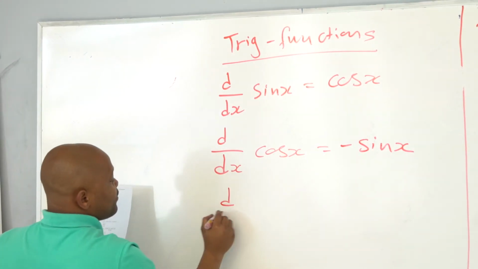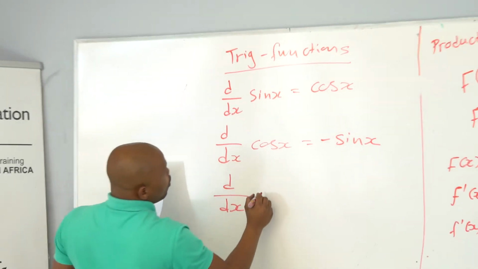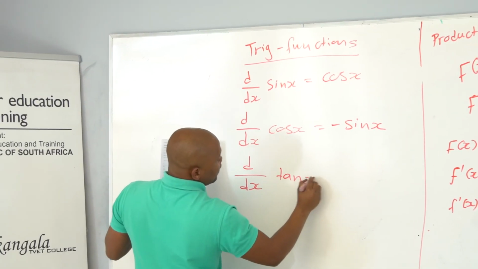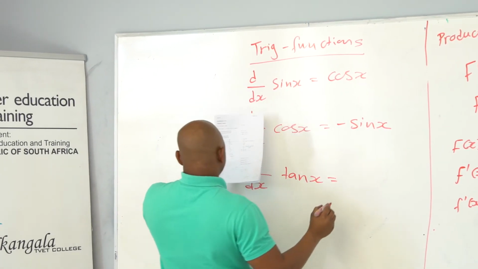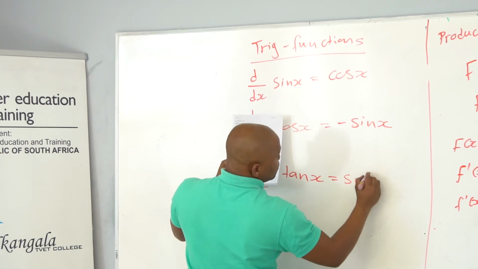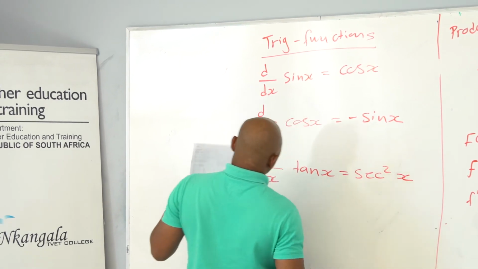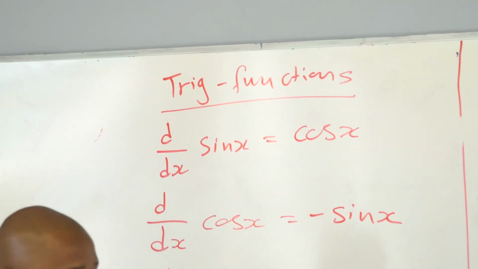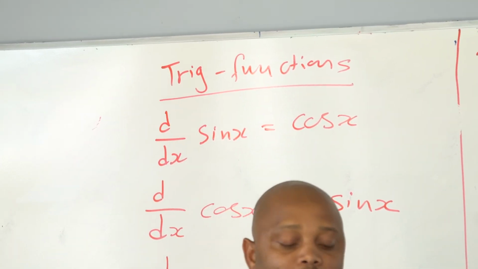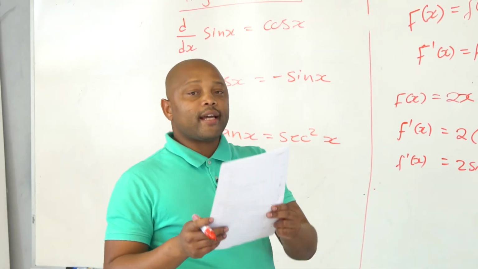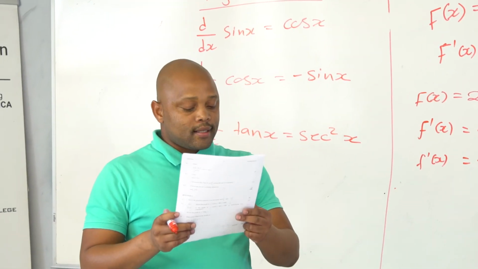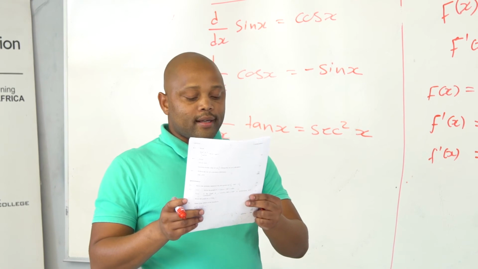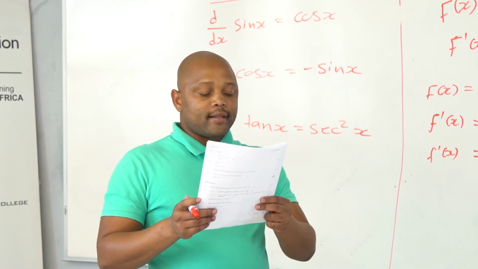The derivative of tan x is given by sec squared x, and so forth. You need to know these things. The one for cot is minus cosec squared x. The one for sec is sec x tan x. And the one for cosec is minus cosec x cot x.